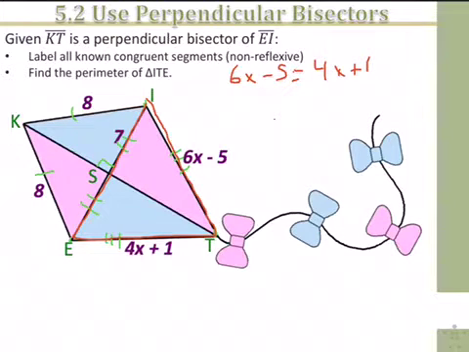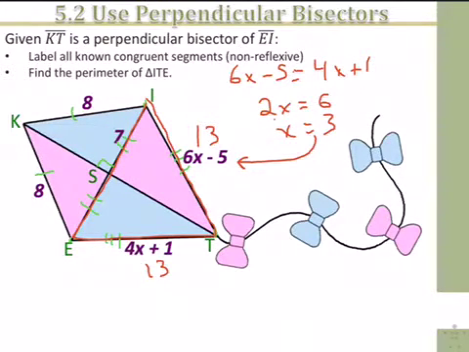So to solve for x, subtract 4x from each side, add 5 to each side, and that gets me x equals 3. If I plug that back in here, that's 6 times 3 minus 5. So that's 18 minus 5, which is 13. Just to double check, this should also be 13 because it's congruent, but if I plug 3 in it should still work, right? 4 times 3 is 12, plus 1 is 13, so that checks out. Great.